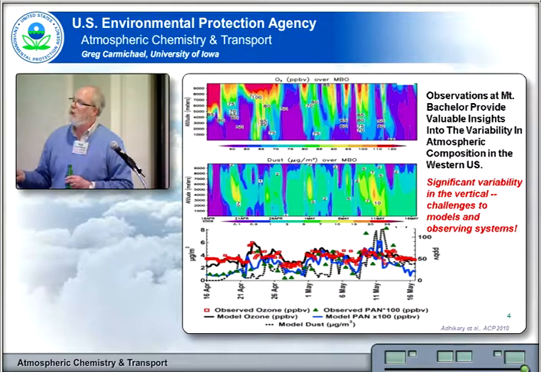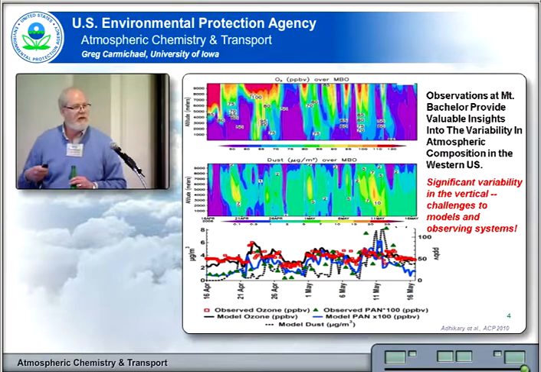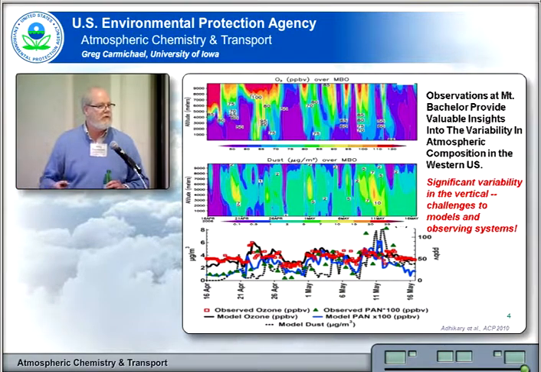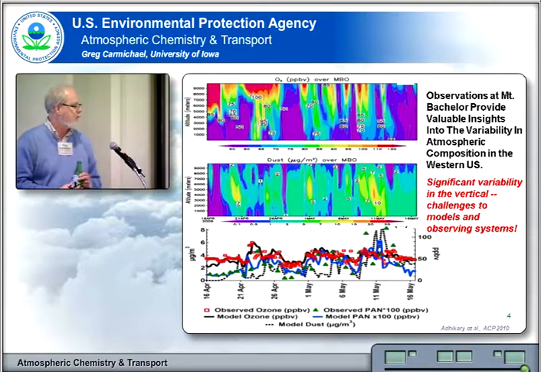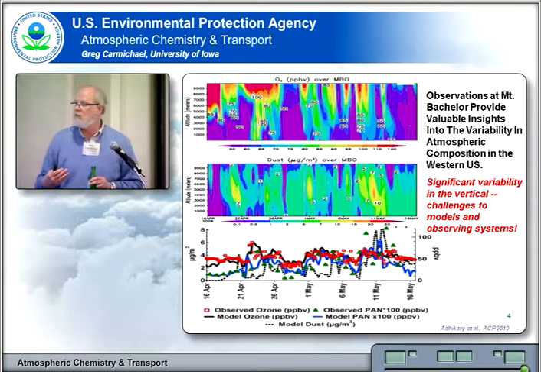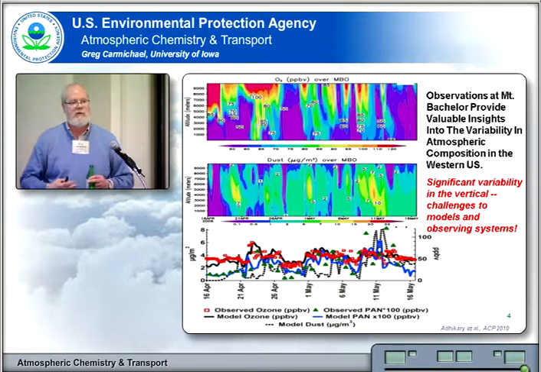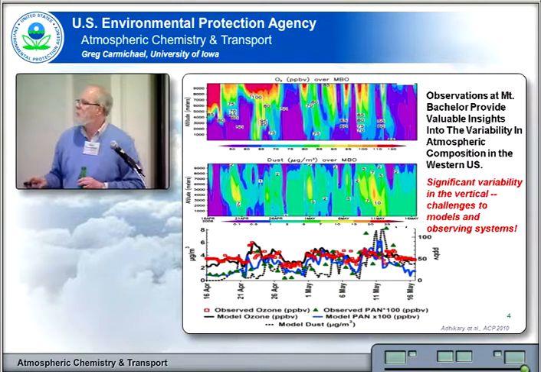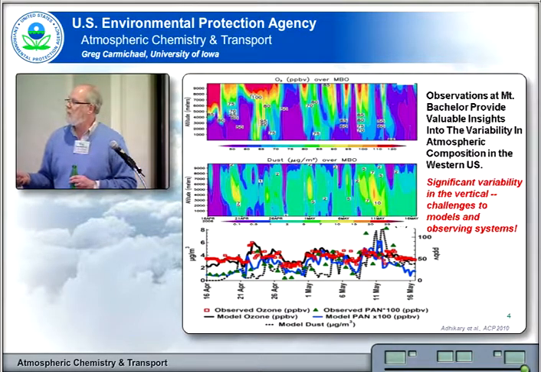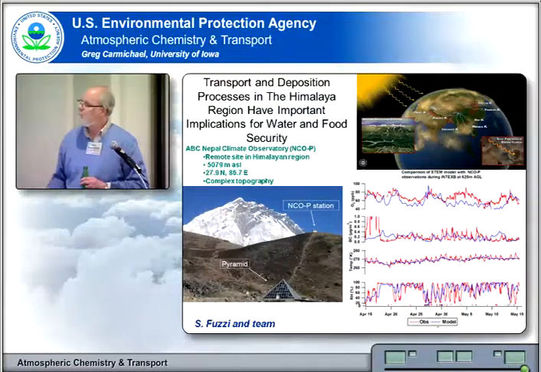But when ozone comes in, it gets mixed with more regional and local pollution, and it becomes very difficult to track ozone and its distribution as we come into a continent. So we have large uncertainties in how material descends as it reaches the continents. But what this also points out is that there's significant variability in the vertical, and it really poses challenges to our observing systems moving forward as we're trying to quantify and test and use observations to determine material above the surface.